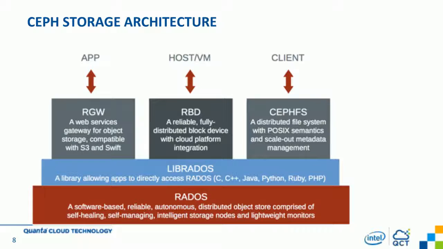And finally, to provide file access, we have the Ceph FS, which is a POSIX-compliant file system that uses the Ceph storage cluster to store user data on a file system. Now, all these three talk to librados to finally access the objects that are in RADOS.